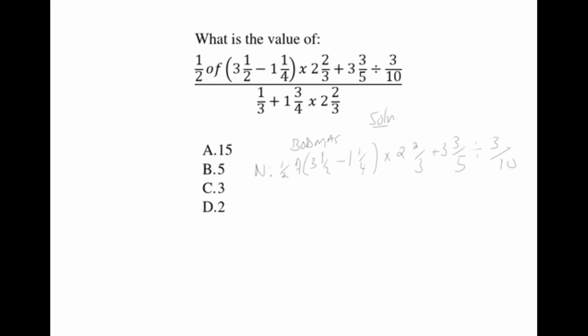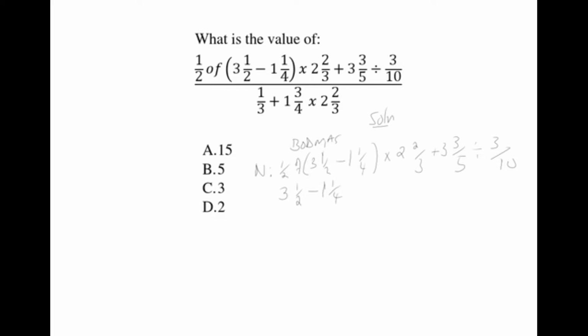So when we apply BODMAS, we start with the brackets. When we compute the brackets, we have 3 1/2 minus 1 1/4.